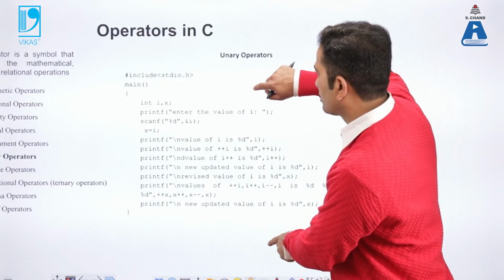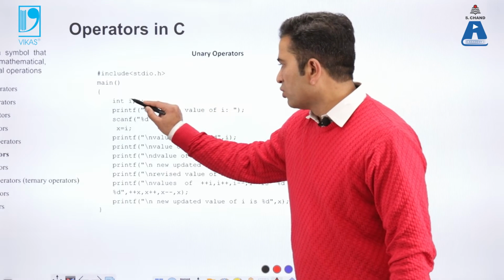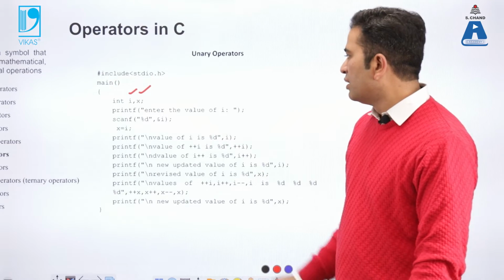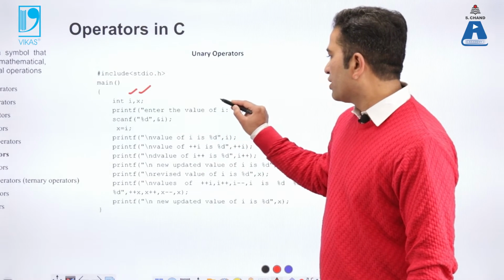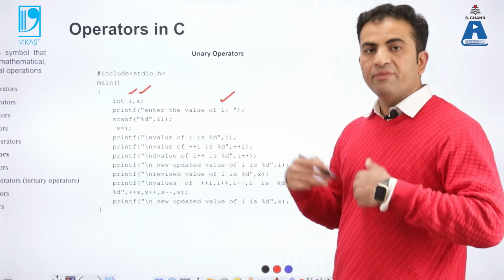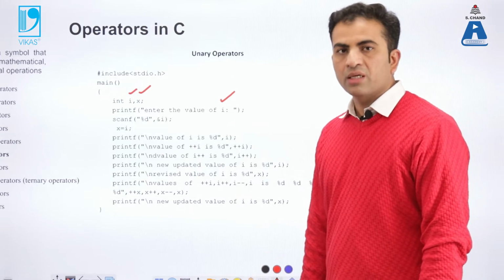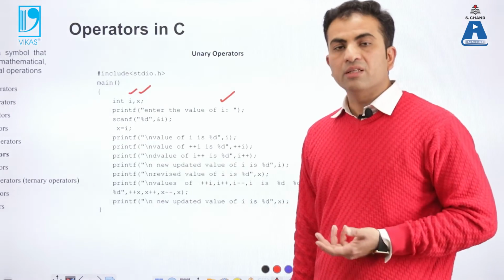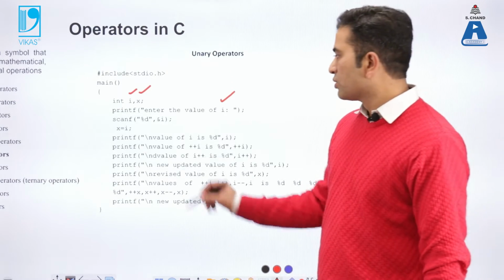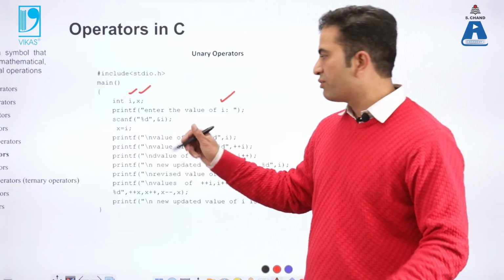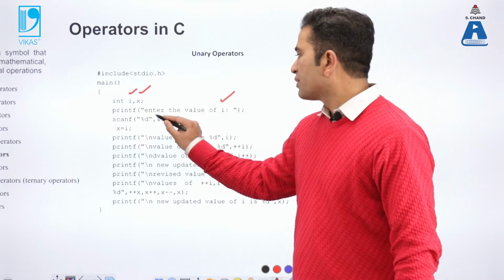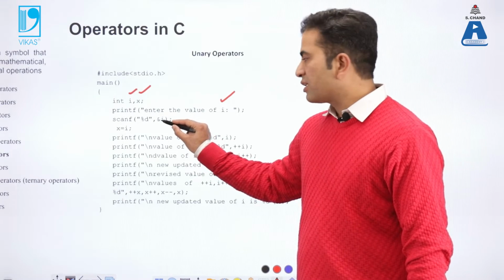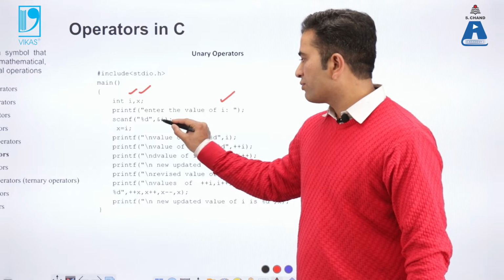What the rule says: in printf, there are two variables we have initialized, int i and x, both of integer type. Enter the value of i, we are giving a message to the user to enter the value of i. Now the user has to enter the value from the keyboard, so we apply the scanf function, %d and &i, that means the value will be assigned to the location of this i.